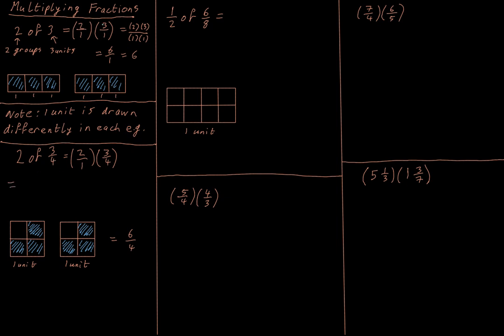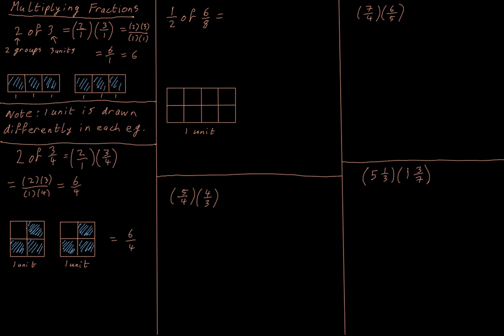We multiply top number by top number, and bottom number by bottom number, numerator by numerator, denominator by denominator. We have 2 by 3 all over 1 by 4. So we end up with 6 all over 4, as we might have expected based on our picture.